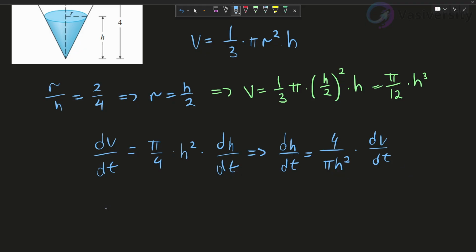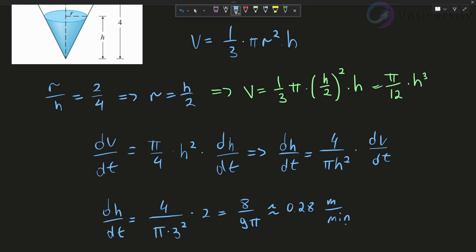So now plugging the numbers in, dh over dt, we will get 4 over (pi times 3 squared) times 2, which is equal to 8 over 9 pi, which is about 0.28 meters per minute. All right, perfect.